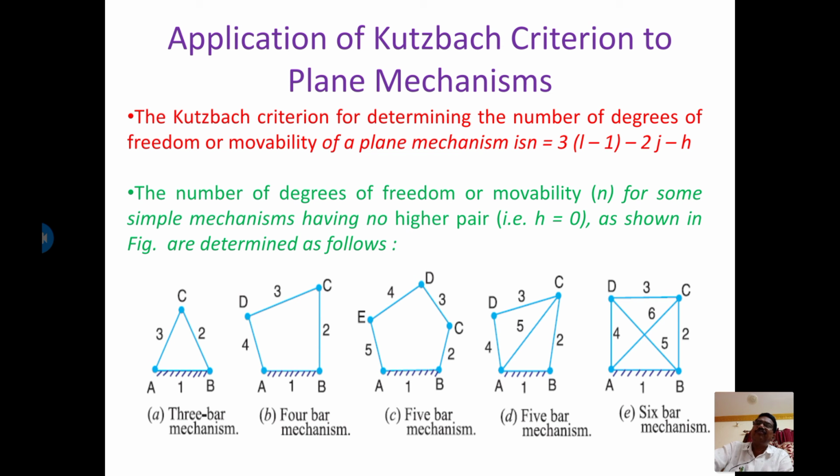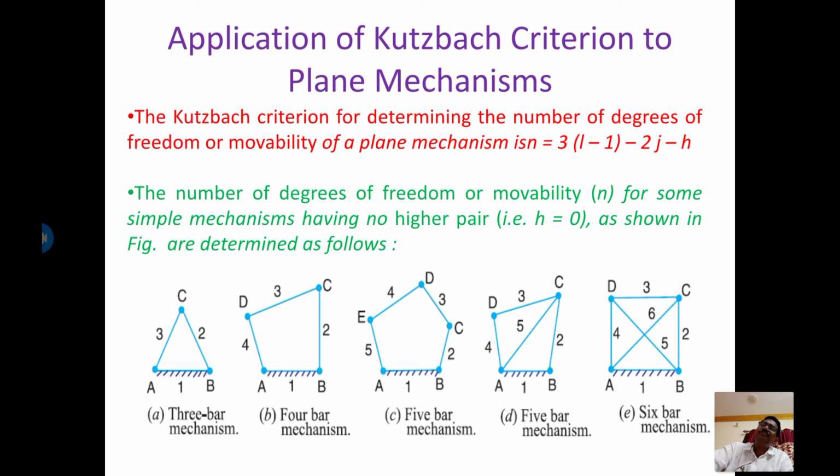Therefore we get 1 degree of freedom in the 4-bar mechanism. Next, in figure C, you are observing a 5-bar mechanism. Here the number of links is 5 and the number of joints is 5. Substituting, H is 0, so 3 into 5 minus 1, that is 12, minus 2 into 5, 10. Therefore the number of degrees of freedom is 2 for the 5-bar mechanism in figure C.